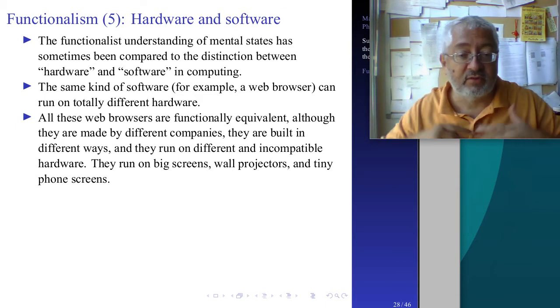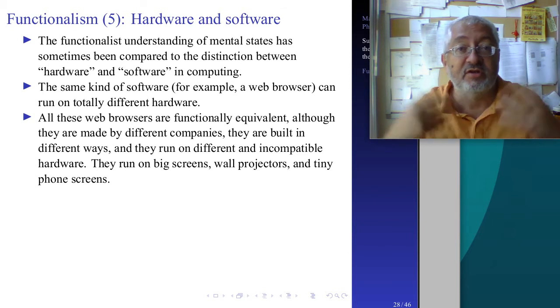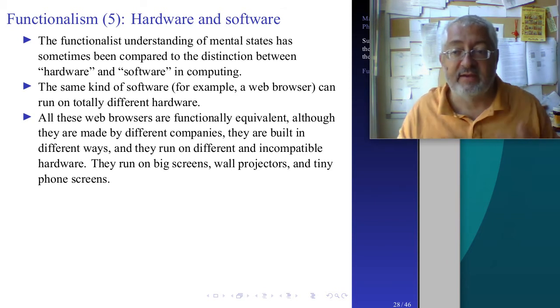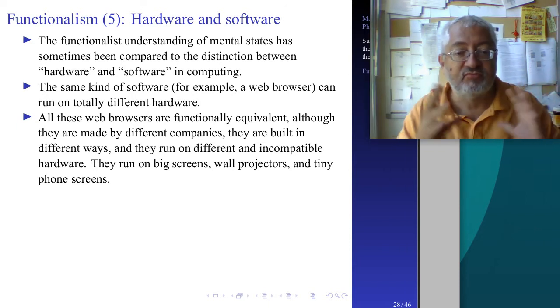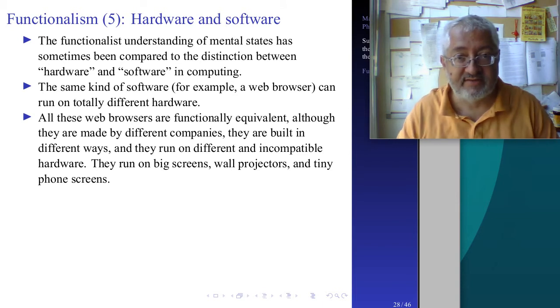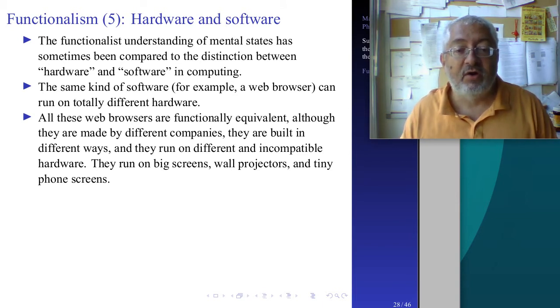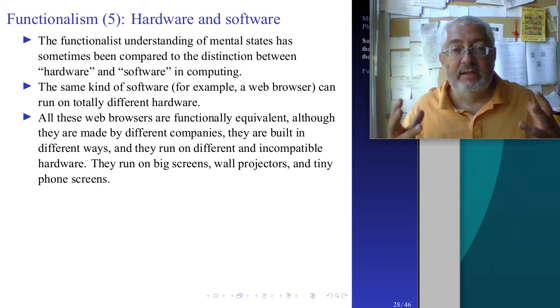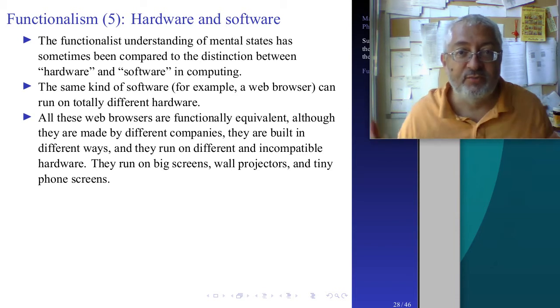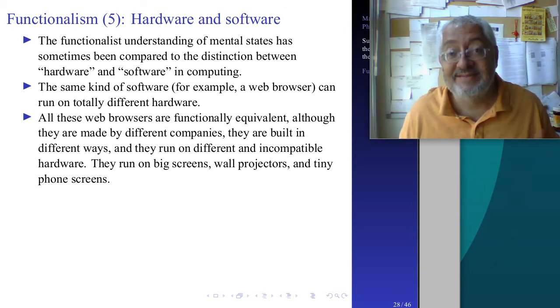You can, with all of them, go to your university's homepage, and you will see your university's homepage, and you will get the same content, the same information, the same pictures, even similar layouts, right? Depending on the size of the screen, it might differ a little, but roughly you will get the same kind of information. So all these web browsers do the same. Their functional role in the economy of your computing activities is the same.